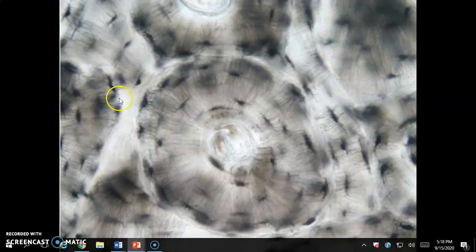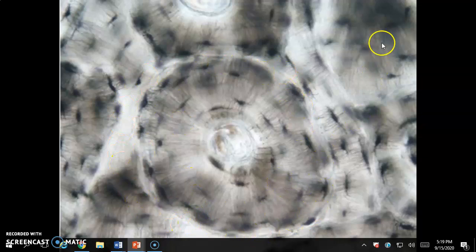So that's what our compact bone is made up of, these long cylindrical structures. When you cut them perpendicular to their long axis, they look like these round structures, but they're long cylindrical structures that make up compact bone. And each one of those long cylindrical structures is called an osteon. And so this is an osteon.